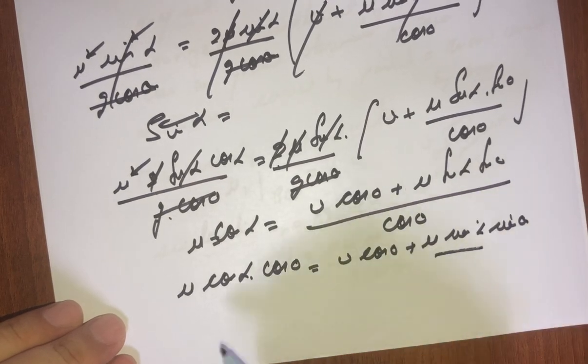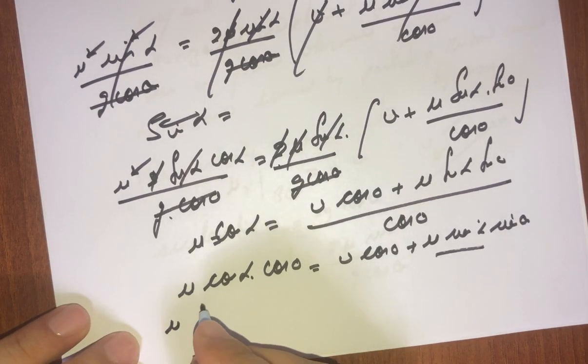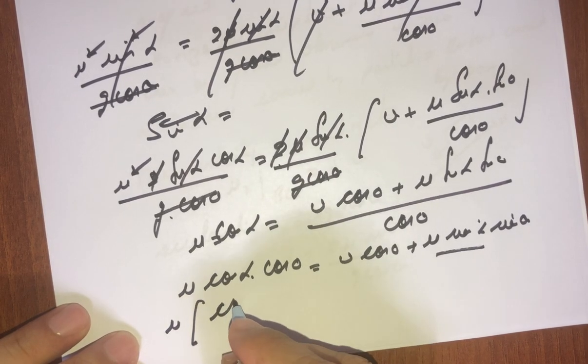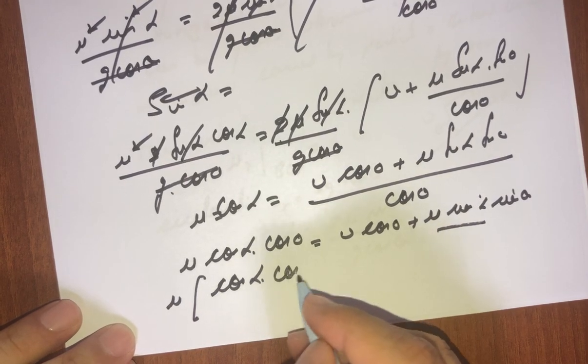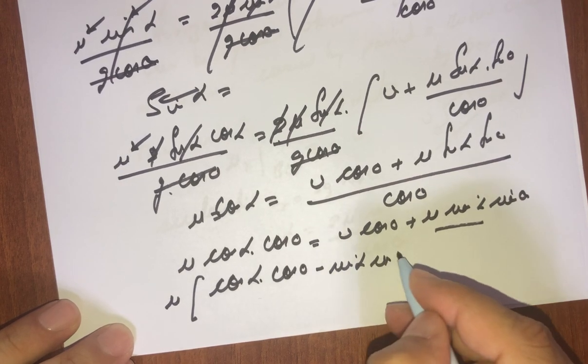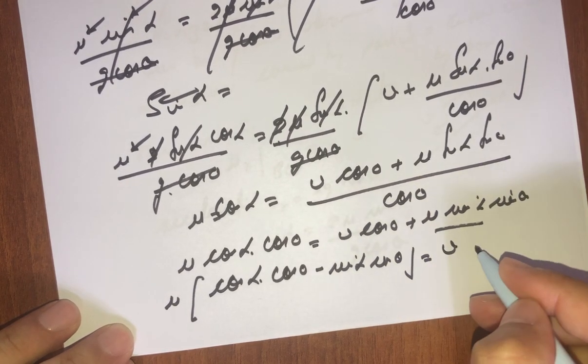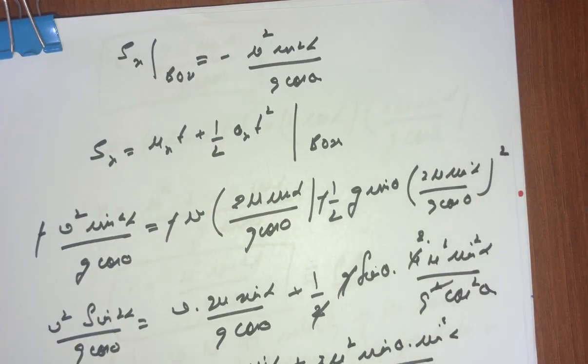Taking this to the left side and taking u common, we get u times cos alpha cos theta minus sine alpha sine theta is equal to v cos theta. Now we can very easily find the answer.